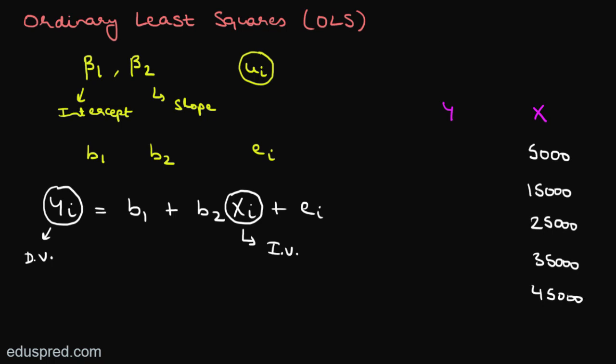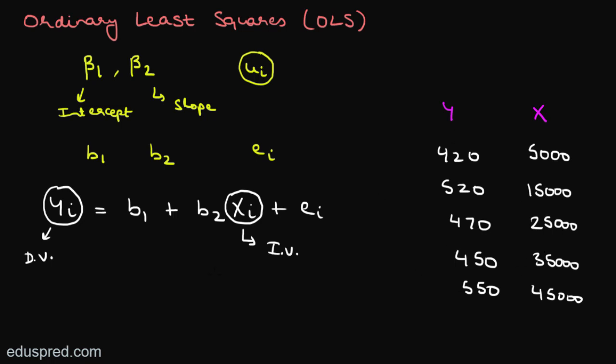And the corresponding y values that we have are 420, 520, 470, 450 and 550. So let's say this is the demo sample that we have.